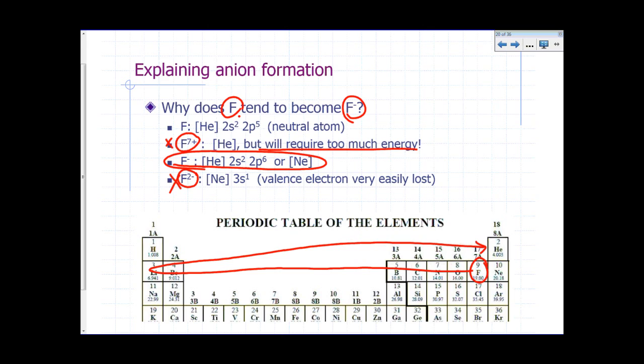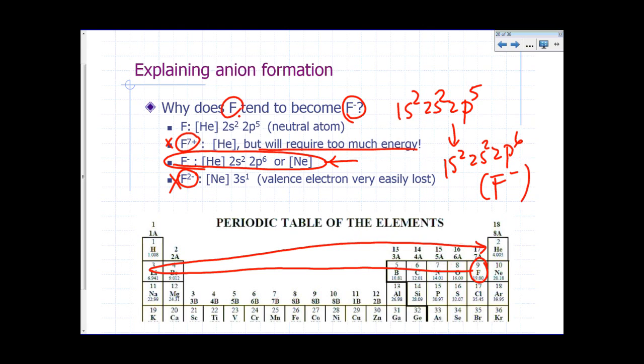In fact, when a fluorine atom gains an electron, it actually releases energy. So it does gain some stability there. So from 1s2, 2s2, 2p5, your fluorine atom becomes 1s2, 2s2, 2p6. That's your fluoride ion.